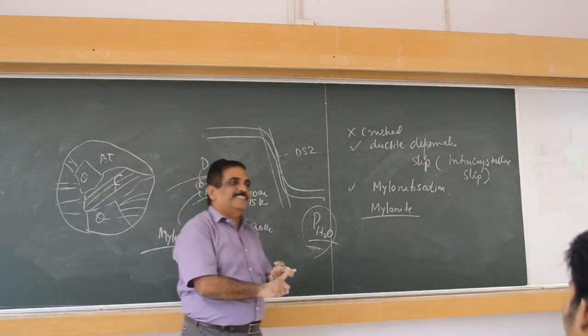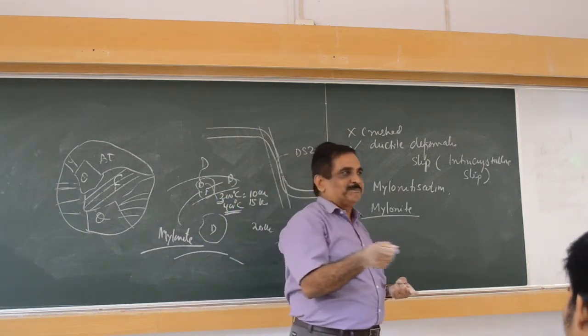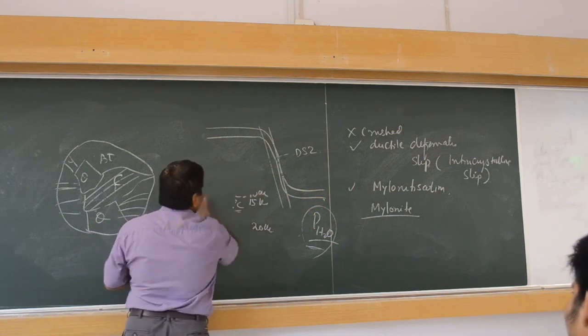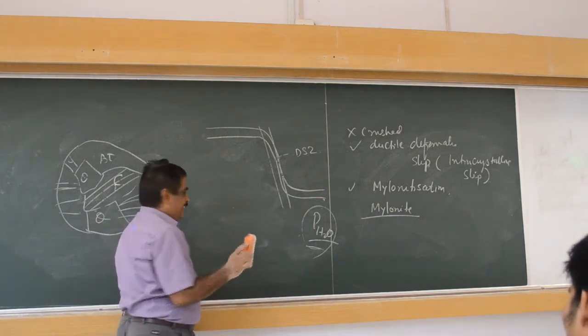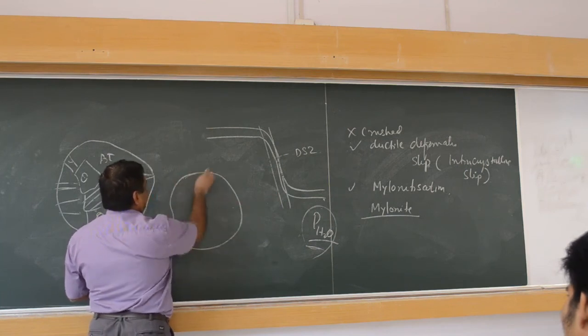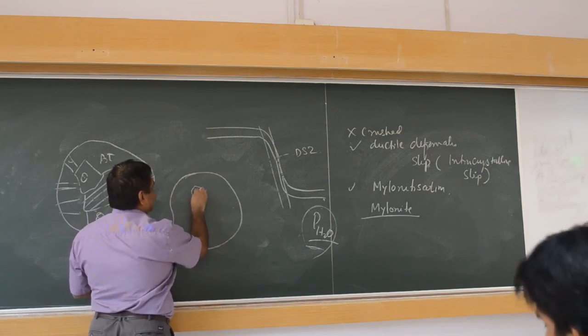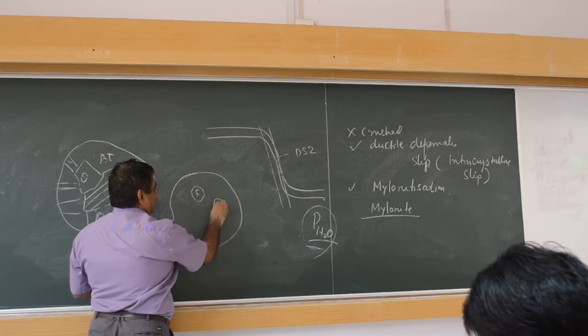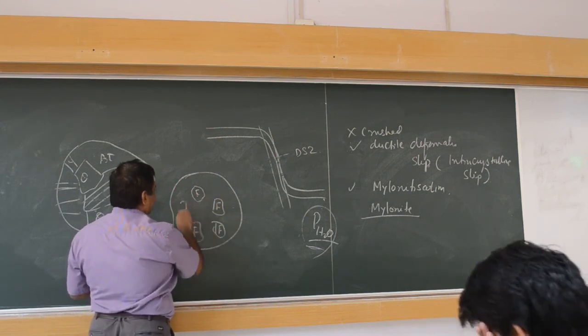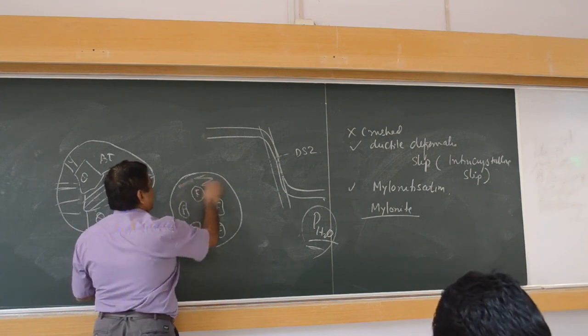Where one is ductile and another is brittle, there will be some feldspars lying here and there, still surviving. Feldspar is brittle, and quartz has become ductile.